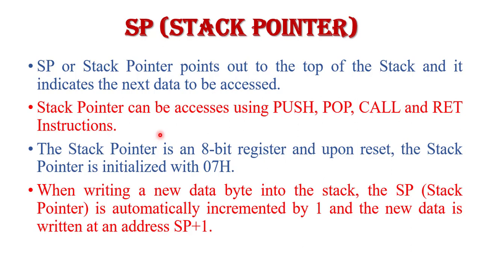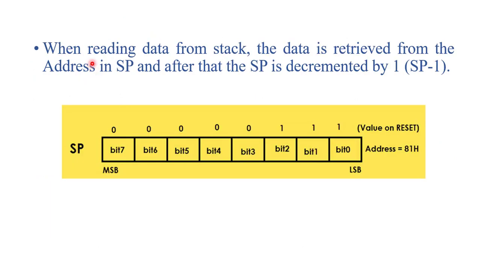When writing a new data byte into the stack, the stack pointer is automatically incremented by 1 and the new data is written at the address stack pointer plus 1. When we read data from the stack, the data is retrieved from the address in the stack pointer and after that the stack pointer is decremented by 1.